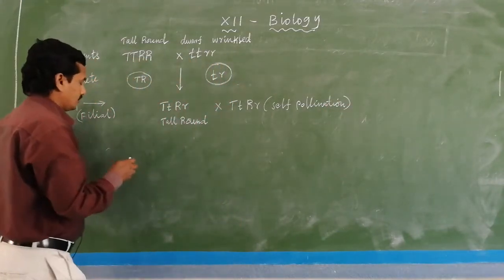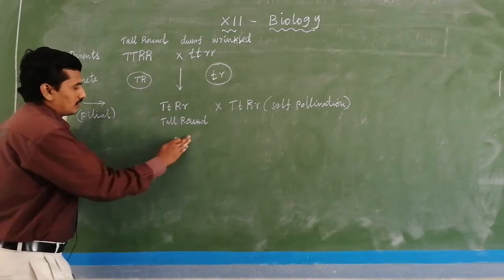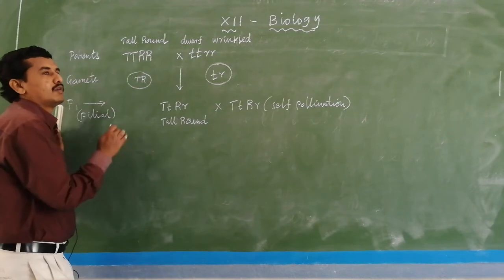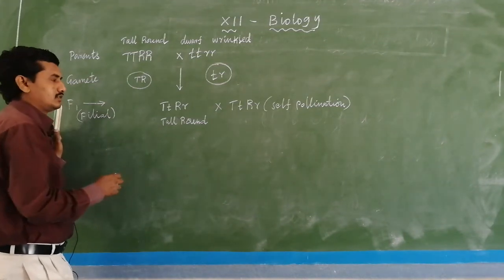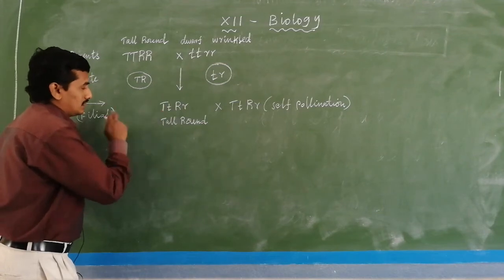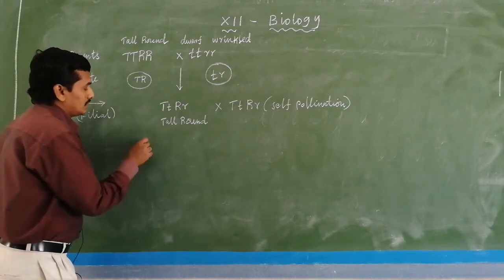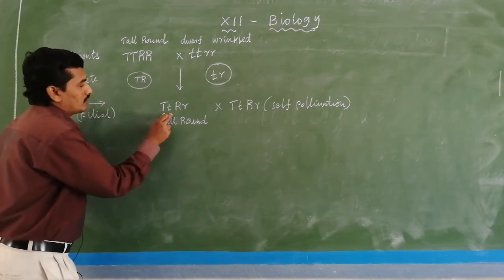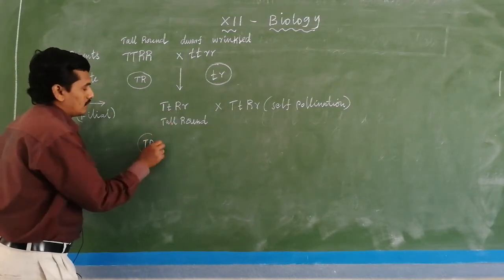Here is a simple logic for the gamete formation from F1 for the F2 generation. Same like the monohybrid cross, the first and third, capital T, capital R, is one gamete.